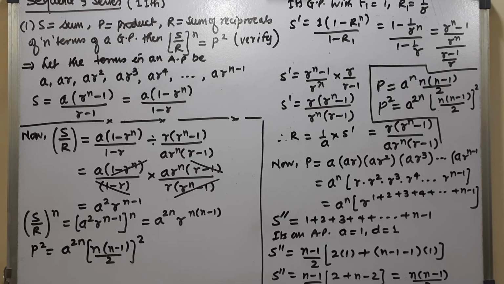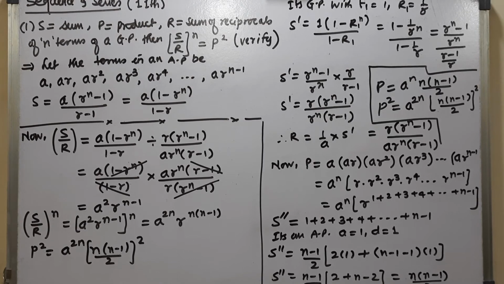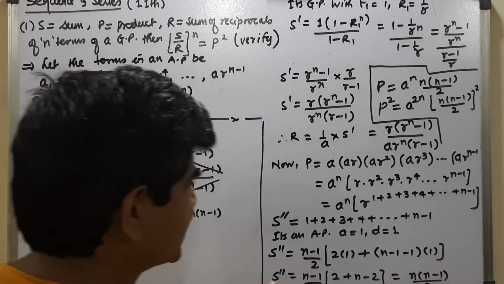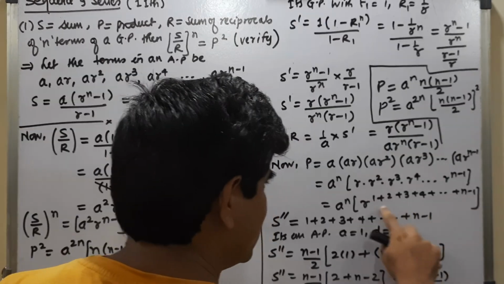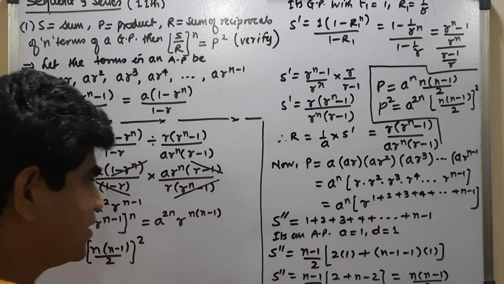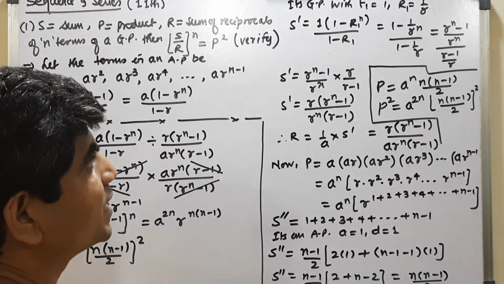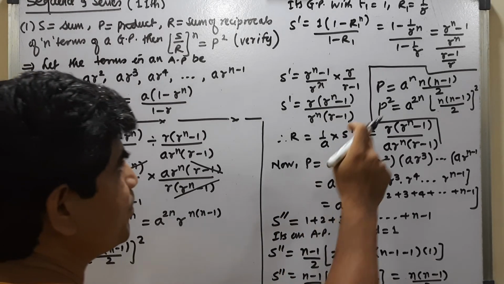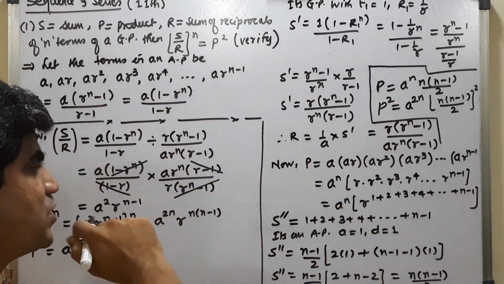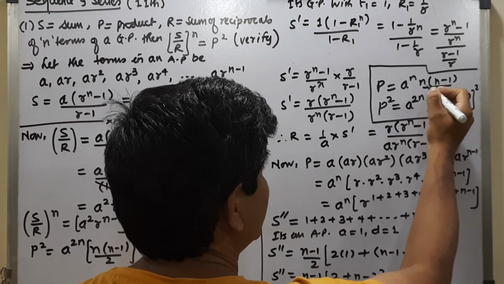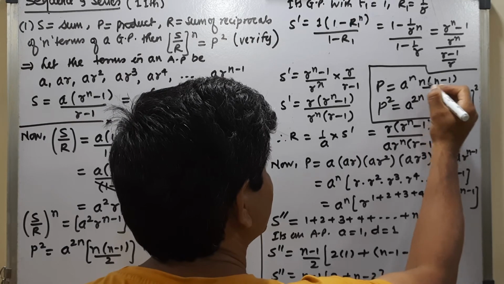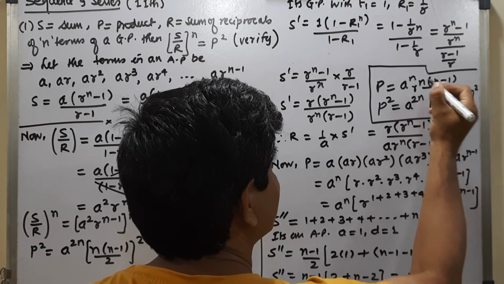What we will get here is, this value is only of s double dash, na? S double dash value is there, that means only this value. So this base r is to be written yet. So that s double dash I will get, and here this is p. Okay, so p is a raised to n, and here is your base r which is not written here. So that should be here r raised to.